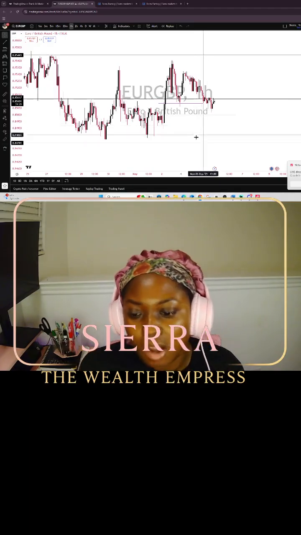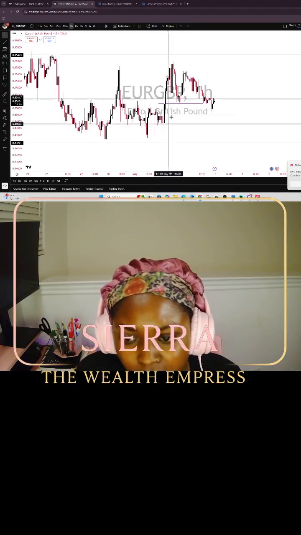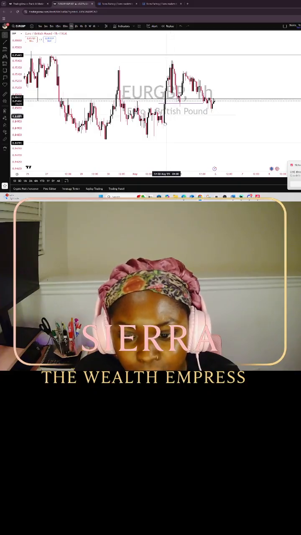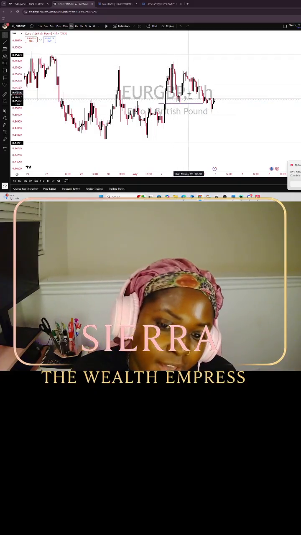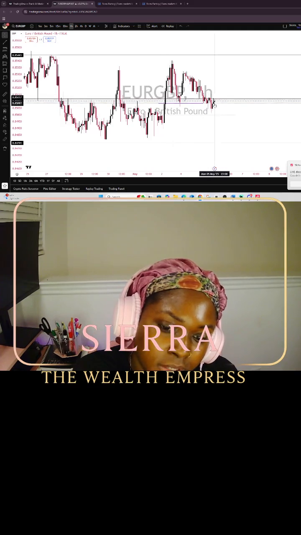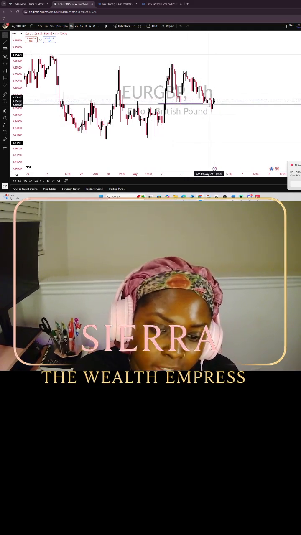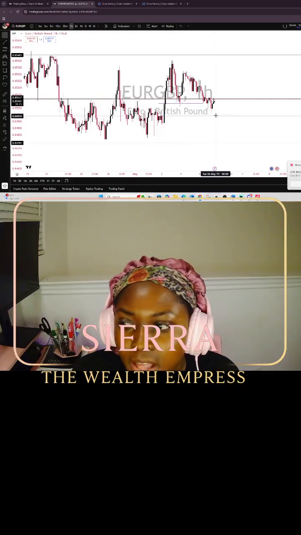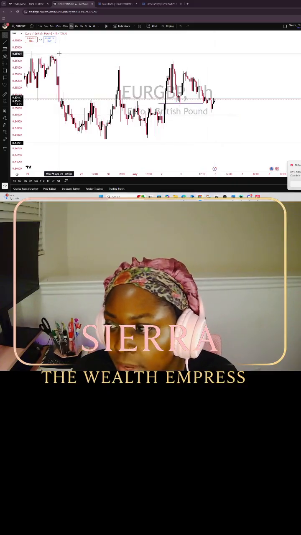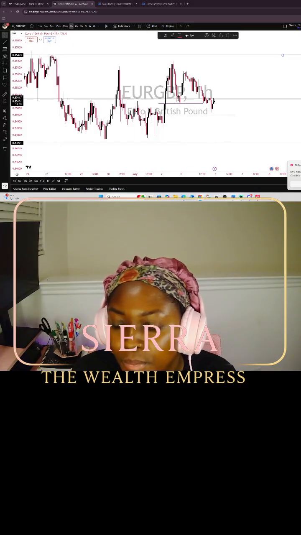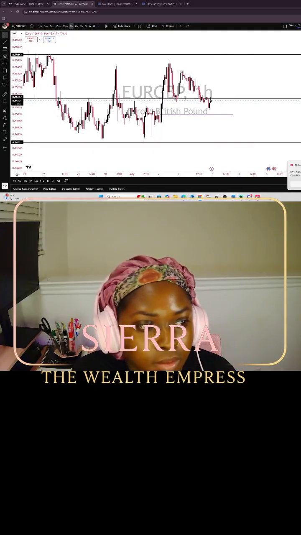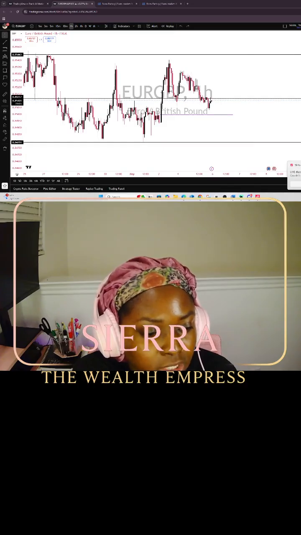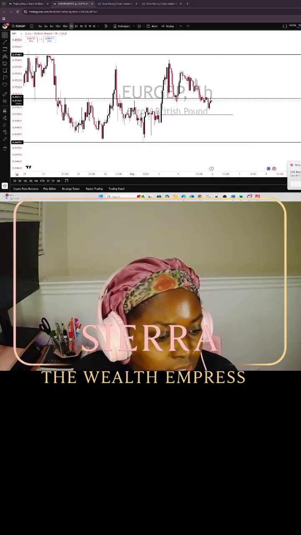This is also another flag pattern where you got this flag pole, and then you have this little sideways movement down into the gap, and then it should buy back up. We have some liquidity over here. So I wait on that confirmation and see what happens.